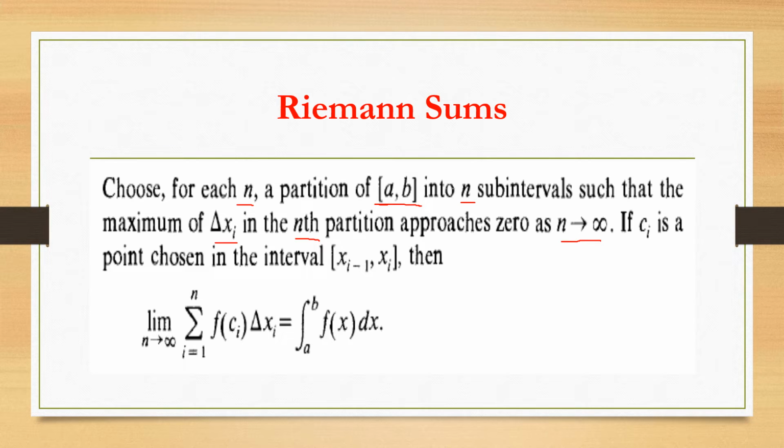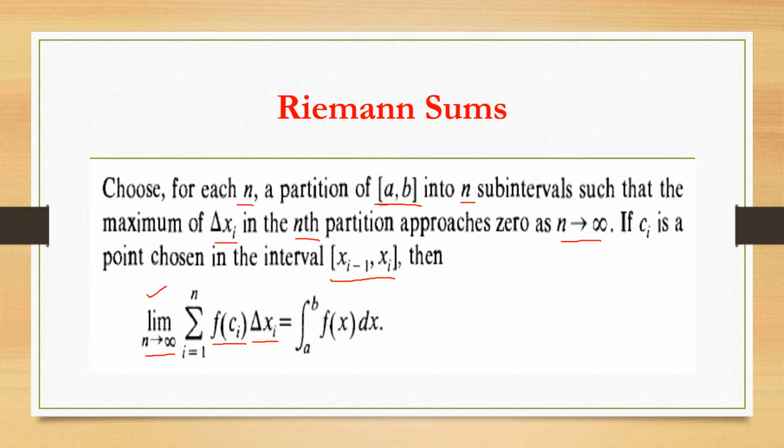If Ci is the point chosen in the interval [xi minus 1, xi], then the limit as n approaches infinity of the summation, i varies from 1 to n, of f of Ci delta xi is equal to the integral of f(x) from a to b. This is called the Riemann sum.